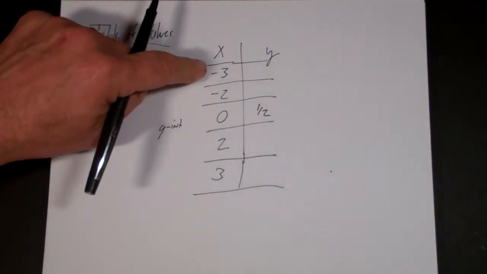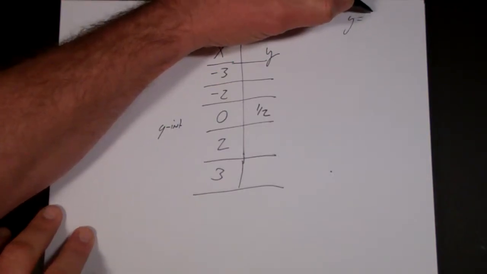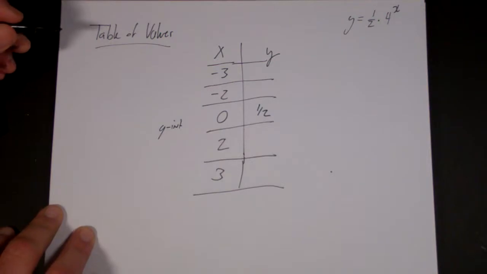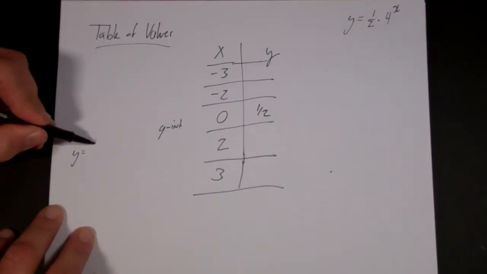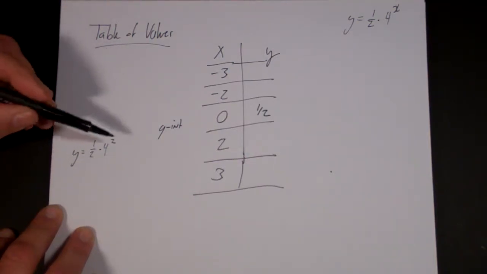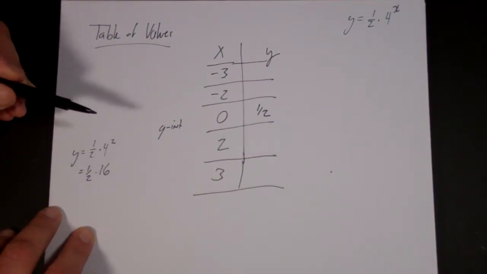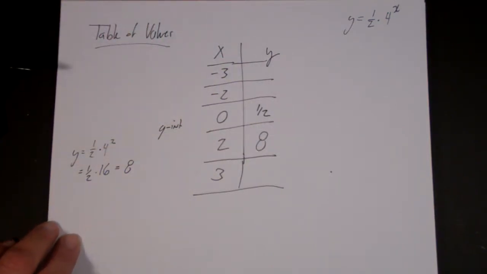Now once you choose the x values, you find out the y values, and you simply plug it into the formula. So the formula is y is equal to 1/2 times 4 to the x. I'm just going to plug in 2, so that's 1/2 times 4 squared. 4 squared is 16, so that's 1/2 times 16. 1/2 of 16 is 8, so that's 8.